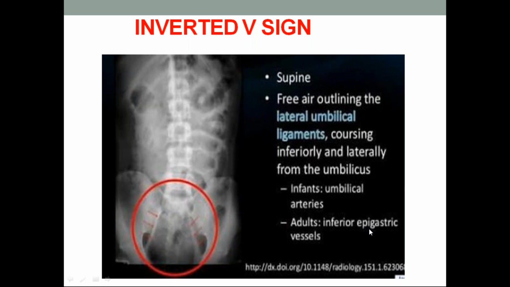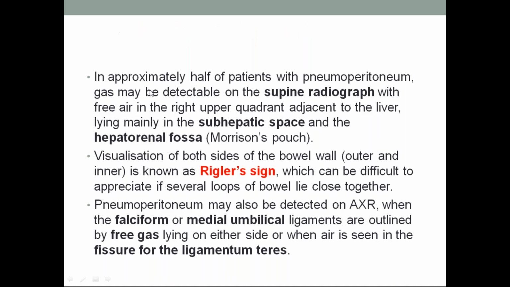In approximately half of the patients with pneumoperitoneum, gas may be detectable on a supine radiograph, with free air in the right upper quadrant adjacent to the liver, lying mainly in the subhepatic space and hepatorenal fossa. This is the hepatorenal fossa. This is Morrison pouch. We will find gas in these situations.